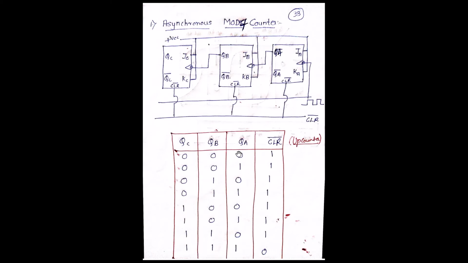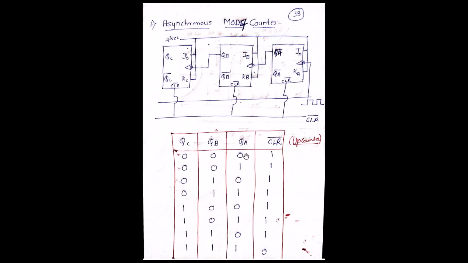If you look at it, you have QC, QB, QA and you have a clear bar. If you talk about the up counter, we are going to start from 0, 0, 0 to the maximum value 1, 1, 1. When I talk about a mod 7 counter, it indicates that we have to have 7 output states.